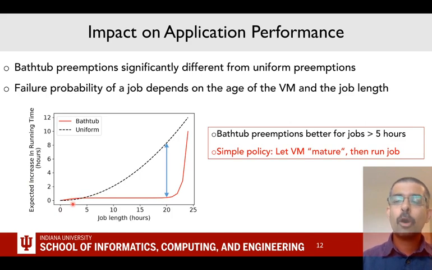But for longer jobs, for jobs more than 5 hours, the Bathtub preemptions are significantly better for applications because if preemptions occur, they occur at the start of the job and the amount of work that you have to recompute is much smaller. So a simple policy, if you want to use Google Preemptible VMs, is start the VM, let it sit idle, let it mature, and then start running the job.